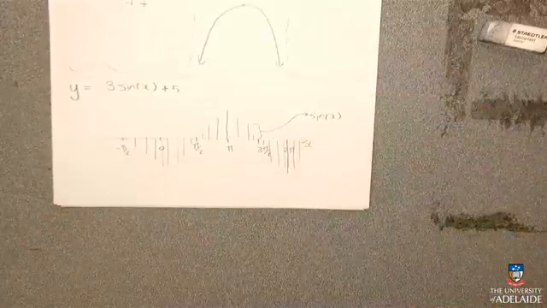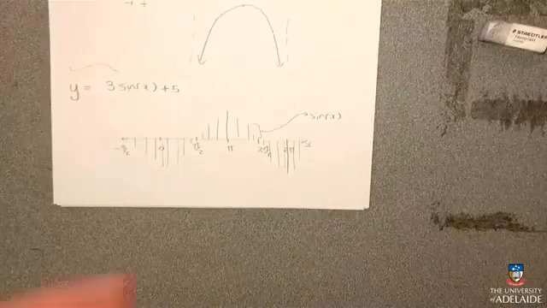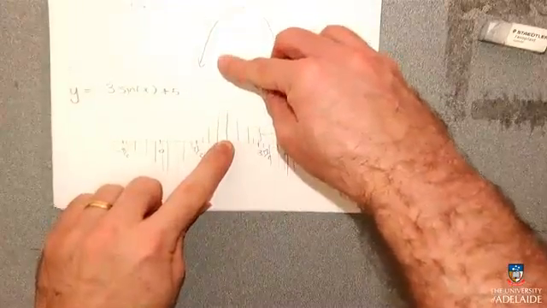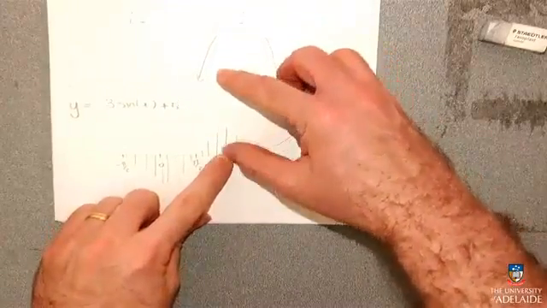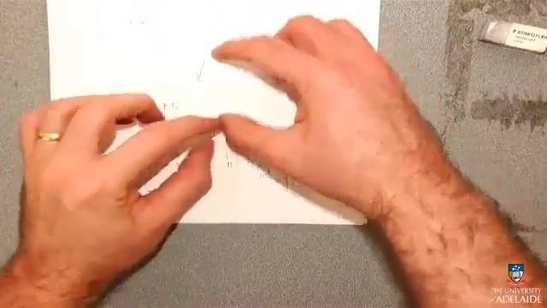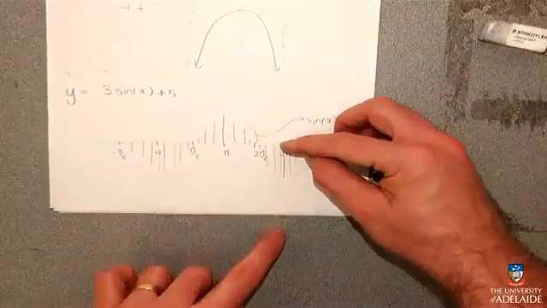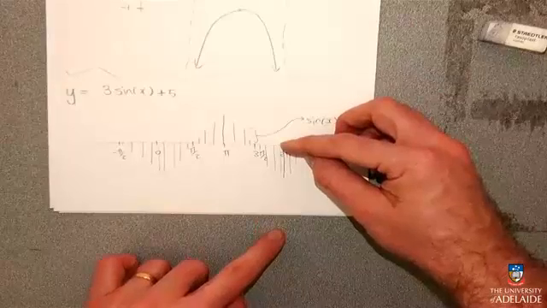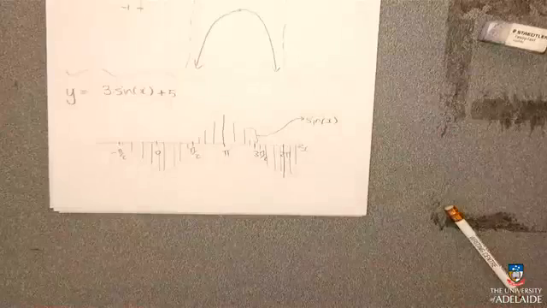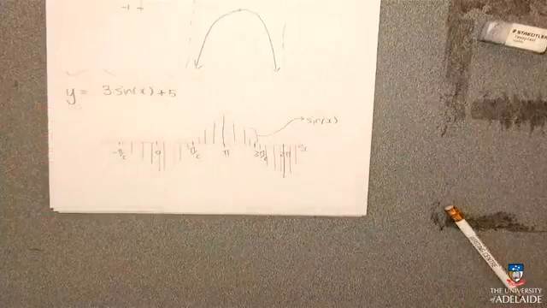And so what that means is that I've taken the value sine x and I've multiplied it by 3, and then I've added 5 to it, which has added an extra 5 on the top. Or alternatively, I've multiplied this by 3 and then added 5 to it, and since it's negative, that means I'm chopping a bit off of it. So I can imagine that the value that's here has been stretched out and then moved up or down.